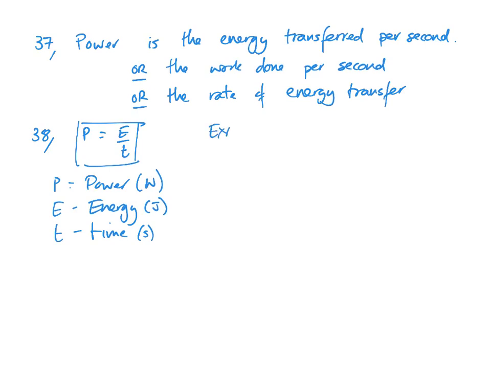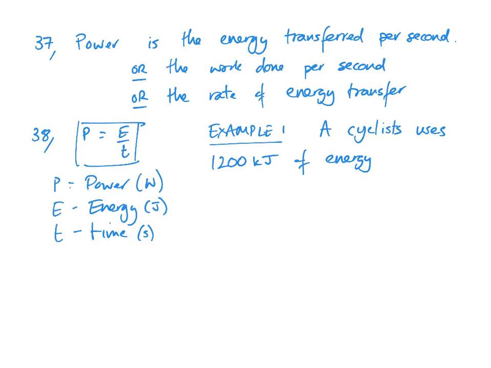So a simple example to start with. A cyclist uses 1200 kilojoules of energy in a time of 2 hours.